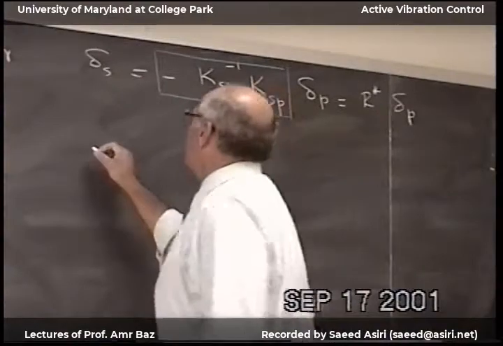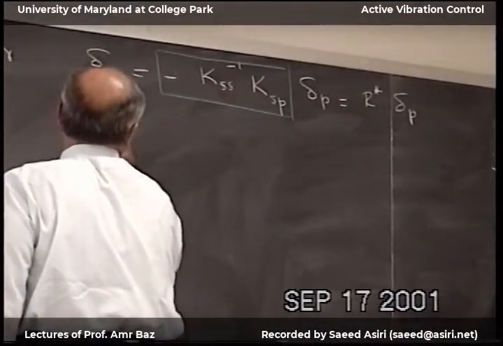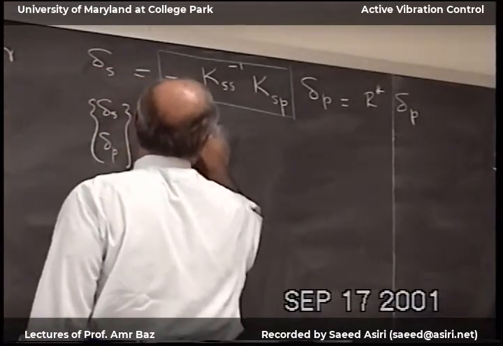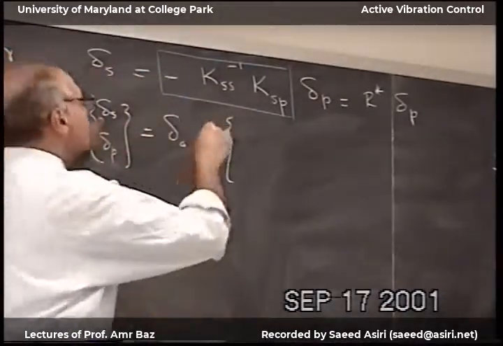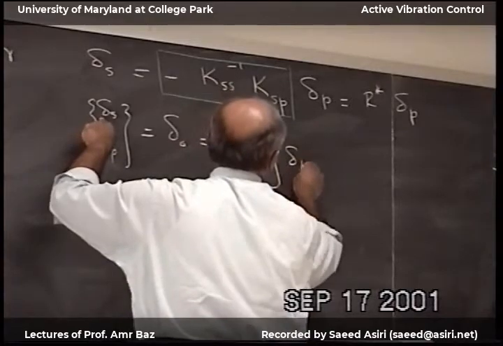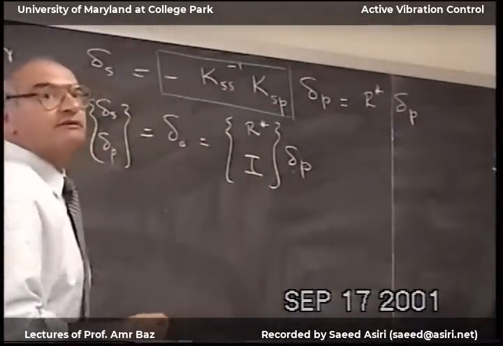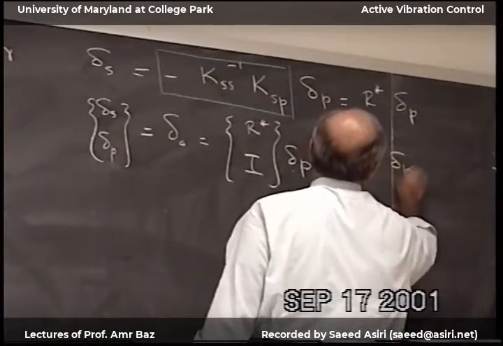Then now I can write the entire state deflection vector, which we called delta_O last time, and this will equal delta_S, which is R asterisk delta_P, and delta_P in terms of delta_P will be the identity matrix, and this will equal R delta_P.